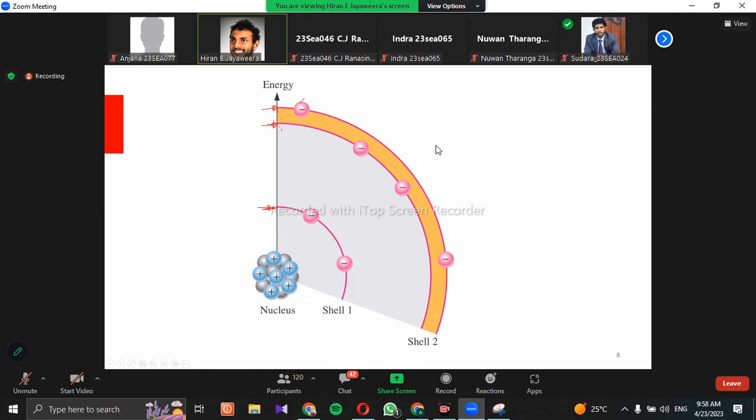Now let me label these electrons A, B, C, D. Can you tell me which electrons have higher energy levels and which have low energy? Can you write down the electrons with higher energies here?